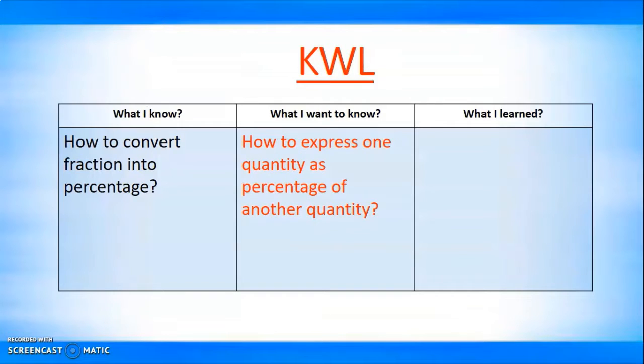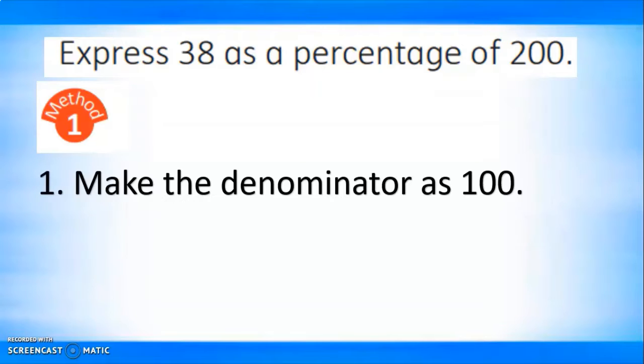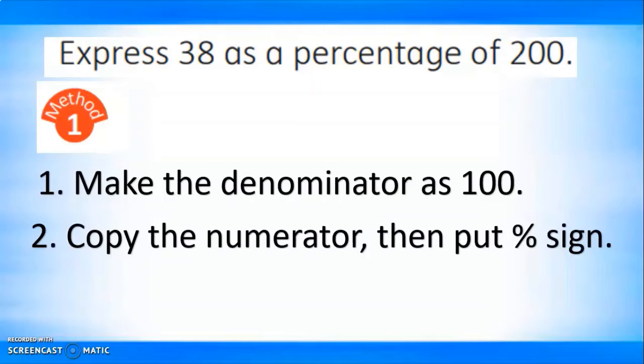How to express one quantity as percentage of another quantity? For example, express 38 as a percentage of 200. So we have here the first method wherein we're going to make the denominator as 100 and copy the numerator, then put the percent sign.